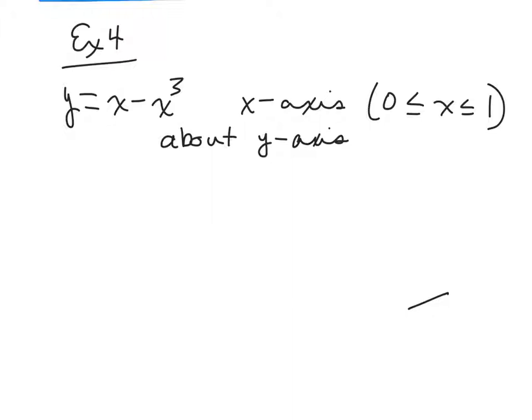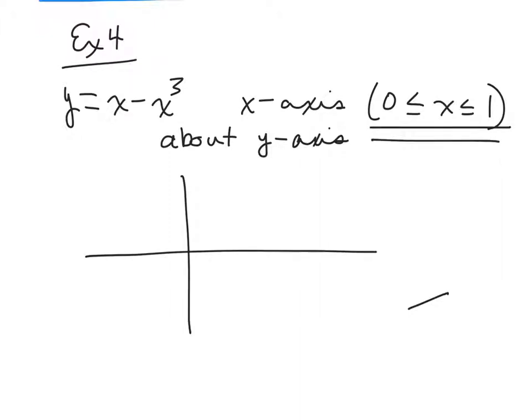Well, let's see if we can come up with a graph. We don't have to have a real big graph because we're only looking at x values from 0 to 1, and we're bounded by the x-axis. So we don't have a whole lot going on here. So let's say here's an x value of 1. And I'm just going to use a t-table to help me generate the graph then.